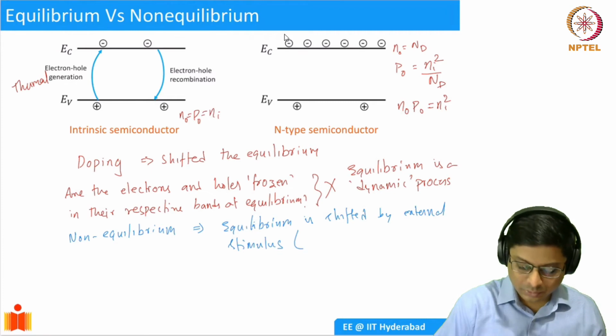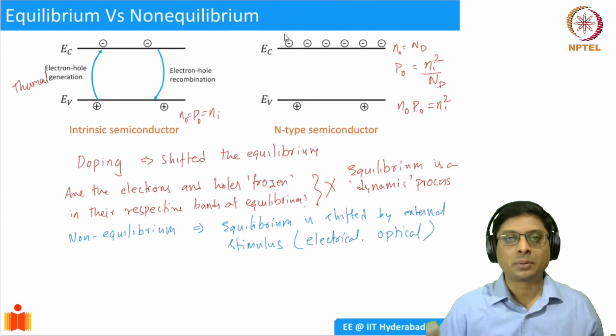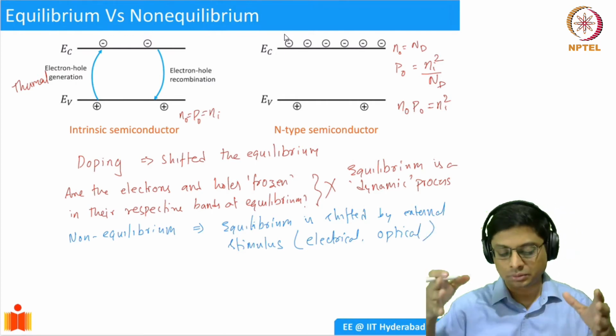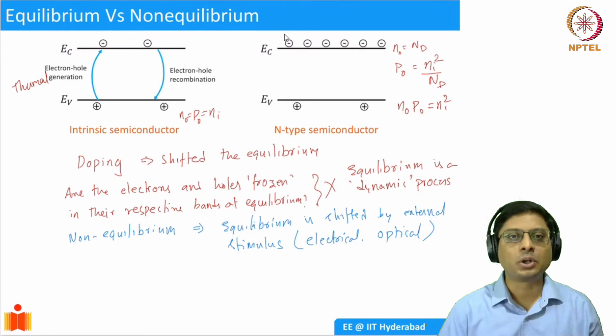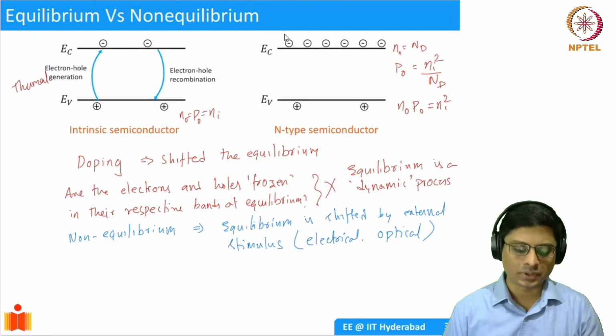Well, this stimulus could be electrical or it could be optical. We have seen this one many times already. So if you shine photons, you're able to introduce electron hole pairs, which are going to be in excess of the existing equilibrium carrier density. So it's an external stimulus and we are taking the semiconductor out of equilibrium. Okay.